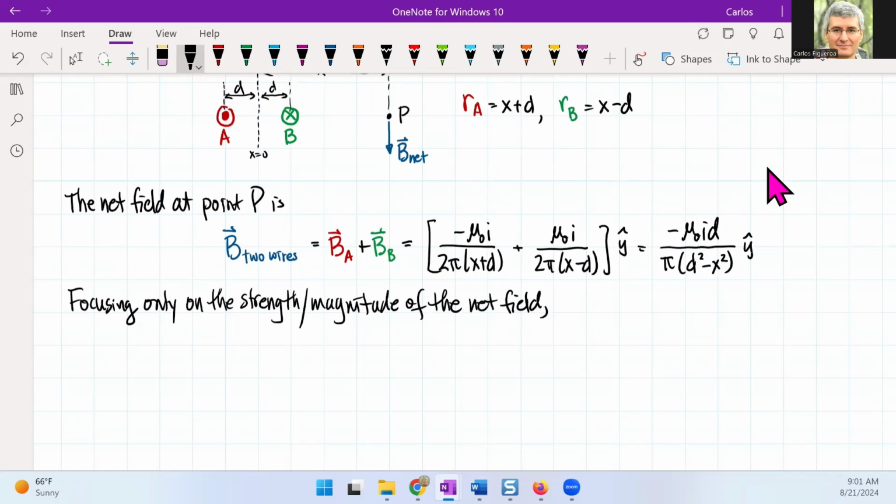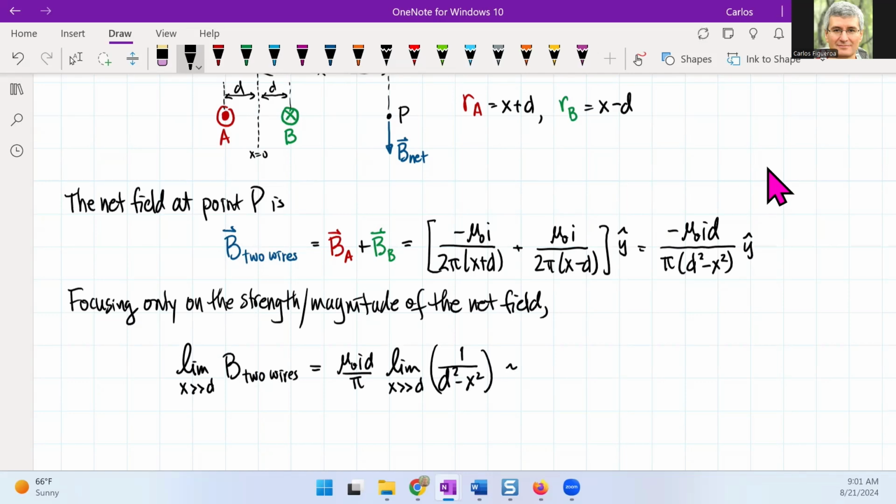So now, if I look at the limit as x is much, much bigger than d of these two wires of opposite current, I'm then looking at the limit. So if I pull out all of the constants, I'm going to get mu naught I d divided by pi. Then this will be the limit as x is much, much bigger than d of d squared minus x squared over 1.